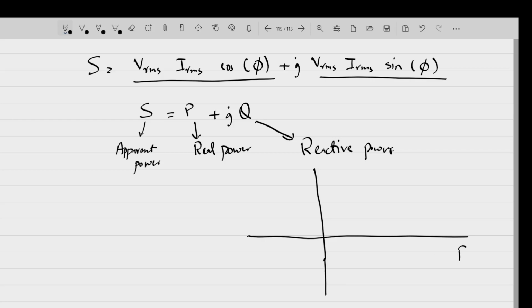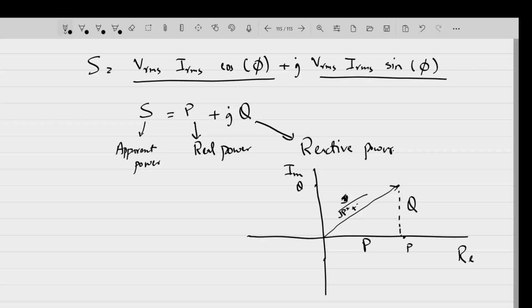So if this is your complex plane, P represents your real power, Q represents your reactive power. S is this point, S is actually representing your P plus jQ point on the complex plane. So the magnitude of this S is what?